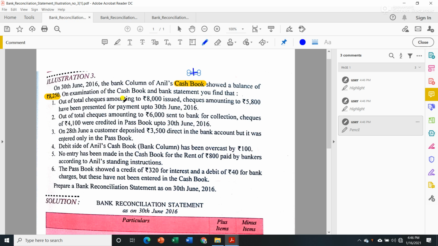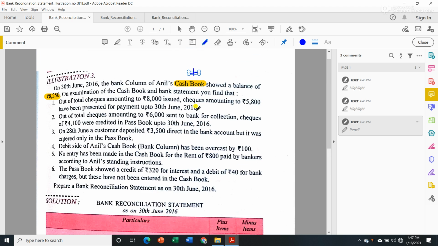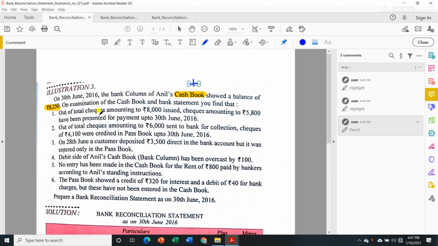Out of total checks amounting to 8,000 issued, checks amounting to 5,800 have been presented for payment up to 30 June 2016. That means we issued some checks altogether worth rupees 8,000, but only 5,800 was withdrawn from our bank account.